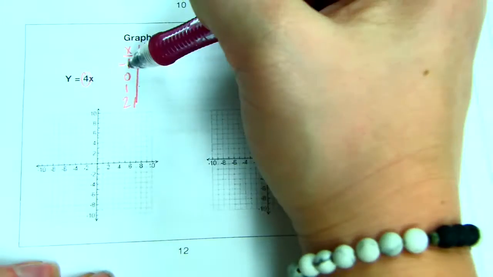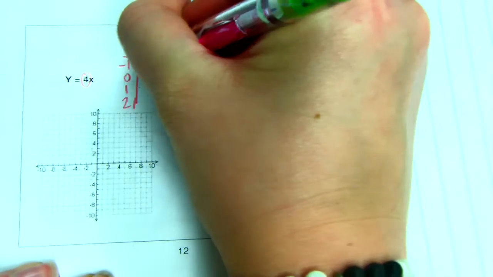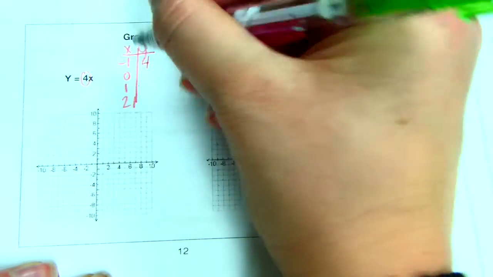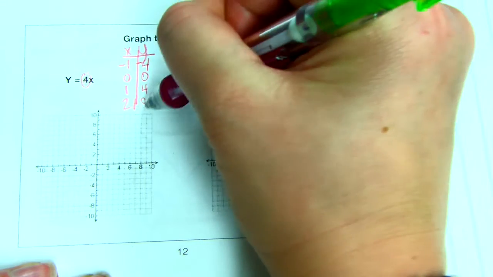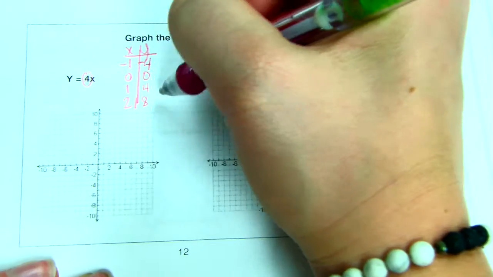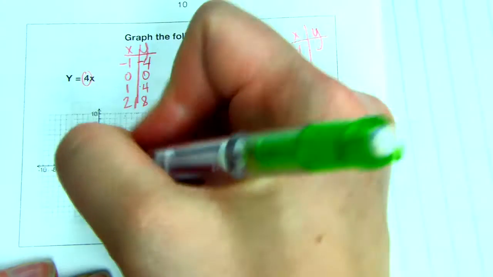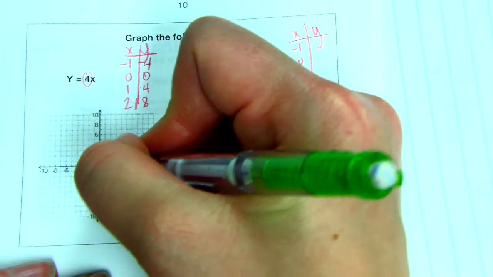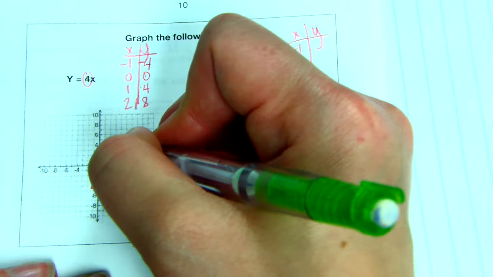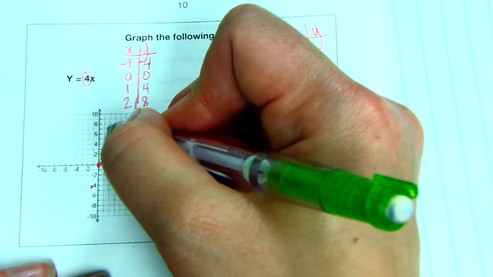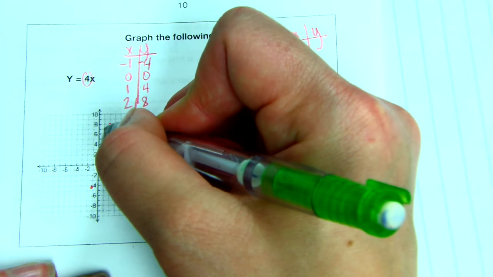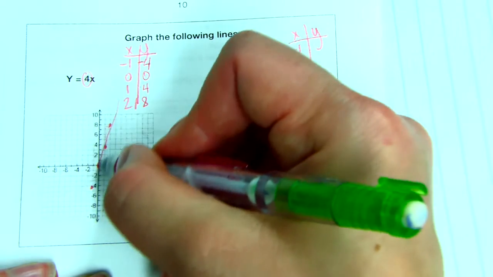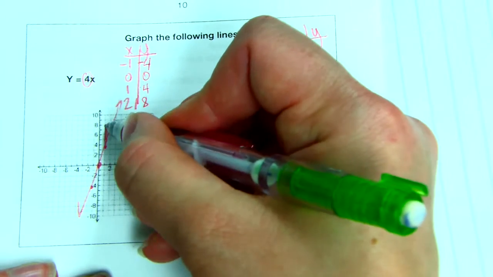So if I plug -1 in for x, I would get 4 times -1, which is -4. 4 times 0 is 0. 4 times 1 is 4. 4 times 2 is 8. So it's rising by 4 every time. That's our slope. So -1, -4. 0, 0. 1, 4. 2, 8. Rises 4, runs 1. Showing our little triangle.